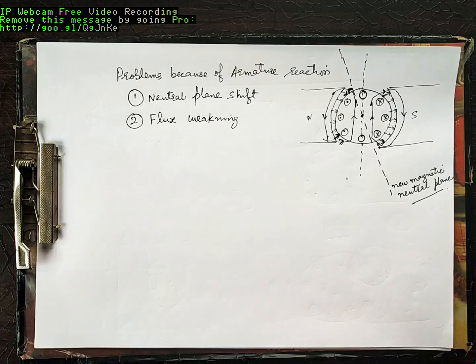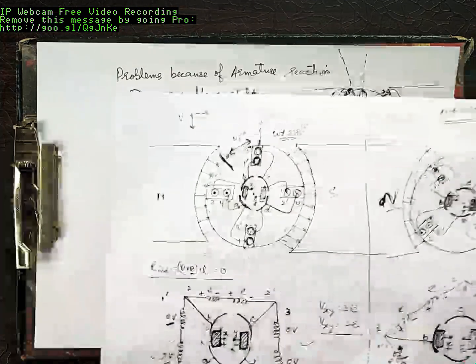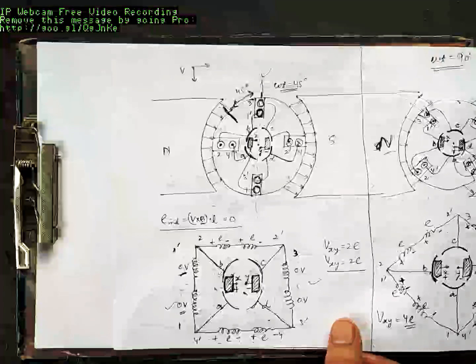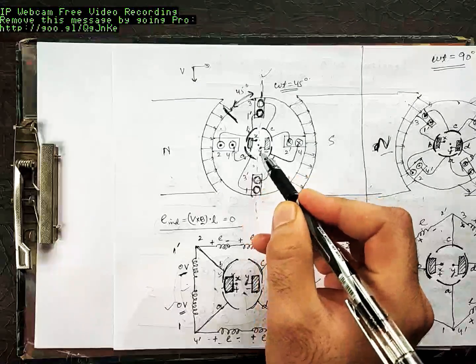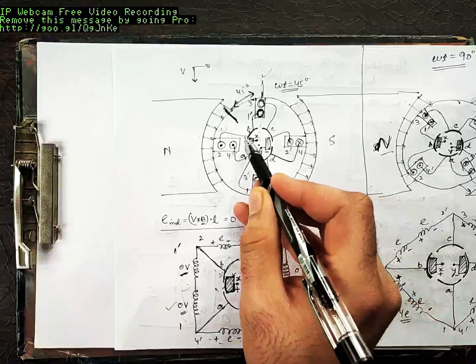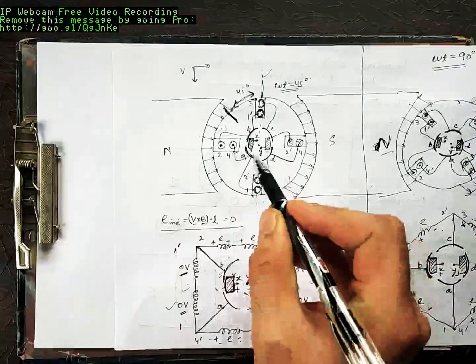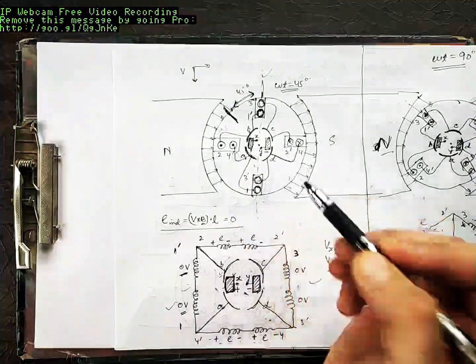From the previous discussion, we already know that because of commutation, there will be a time when the brush will short circuit two commutator segments, initially A and B, then B and C, then C and D, and so on.